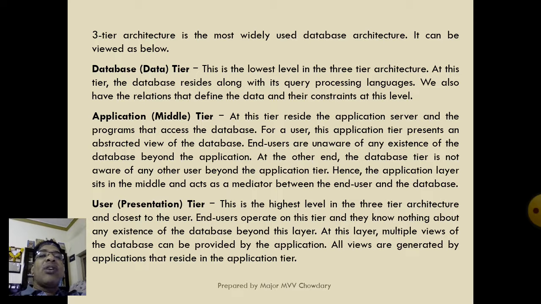End users are unaware of the existence of the database beyond the application. At the other end, the database tier is not aware of any other user beyond the application tier. The application layer sits in the middle and acts as a mediator between the end user and the database.